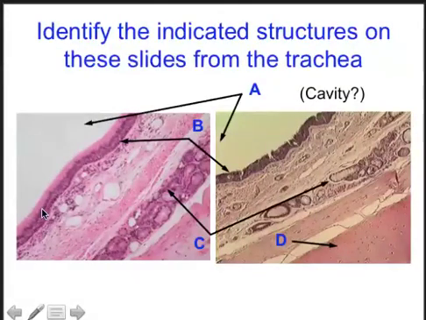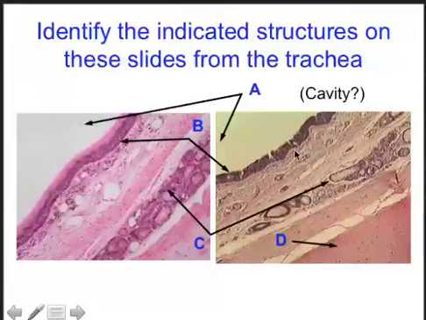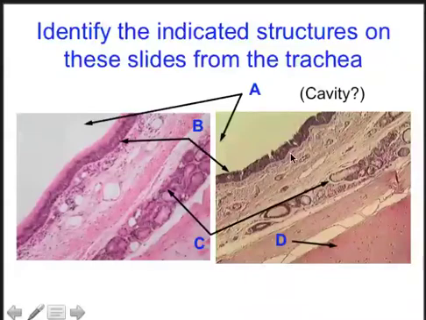The significance of the cilia is that they beat the mucus, which traps the particulates in the air that you breathe, moving them up towards the oral cavity, where they can either be expectorated or swallowed. If you look in this panel here, you can see occasional light staining cells. These are the mucus cells, and these are what produce the mucus that the cilia move through the upper respiratory system.